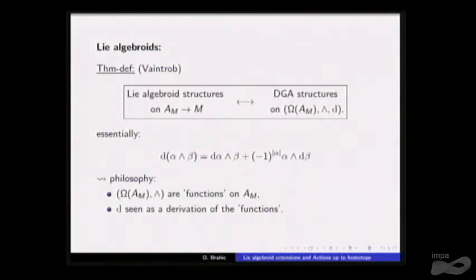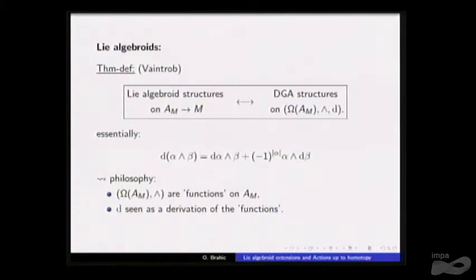The main idea is that you can think of forms on A as some sort of generalized functions, and d as a derivation of these functions. So it's pretty much like a vector field.